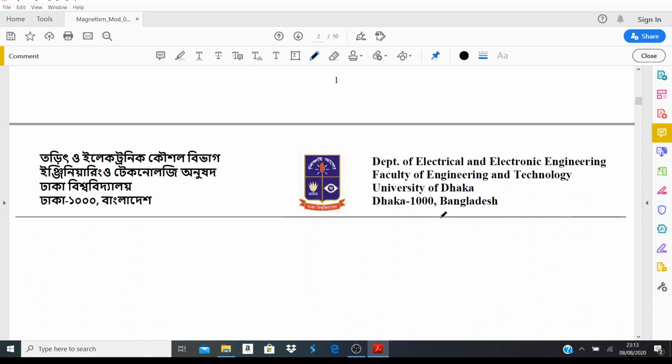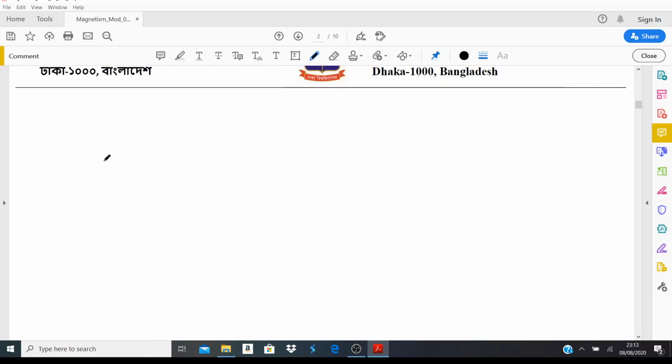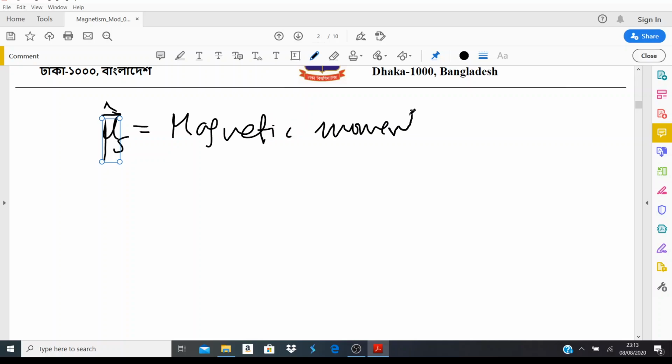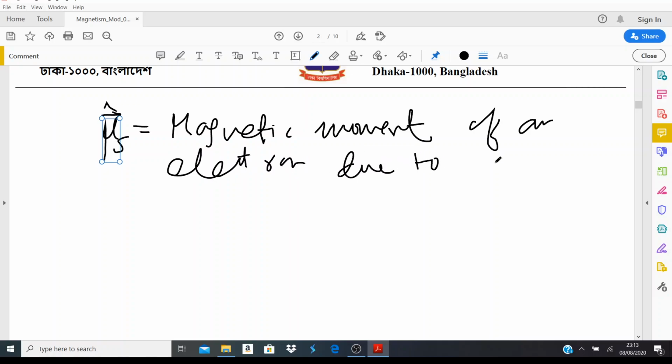Similarly, the question we can ask is, what is mu s, right? So that's also a vector. This is nothing but the magnetic moment of an electron, but now due to its spin angular momentum, which is the subscript s.